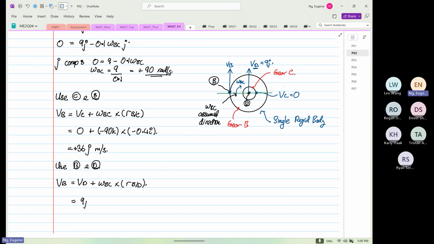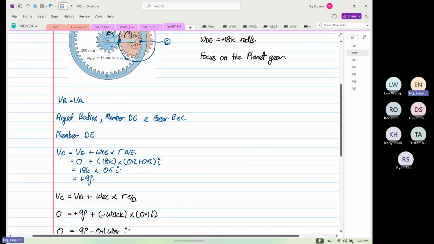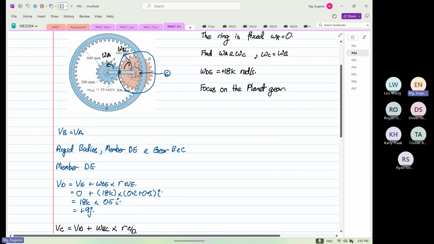is 9J, plus omega BC, still the same, minus 90K, cross RB from point D. So at point D we have to look at our dimension.